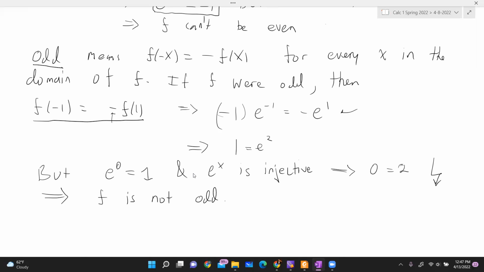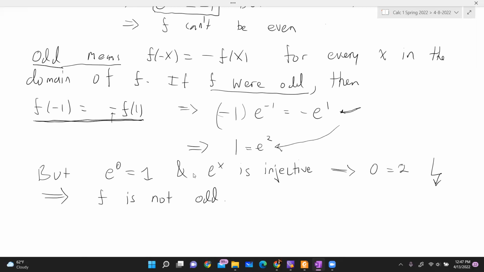So just how the logic works again is that this is what it means to be, first of all, odd. And if f were odd, so we're assuming by contradiction, suppose that f is an odd function, then you have to have that this equation holds in particular. And this equation is equivalent to this one. And then it simplifies to this one.